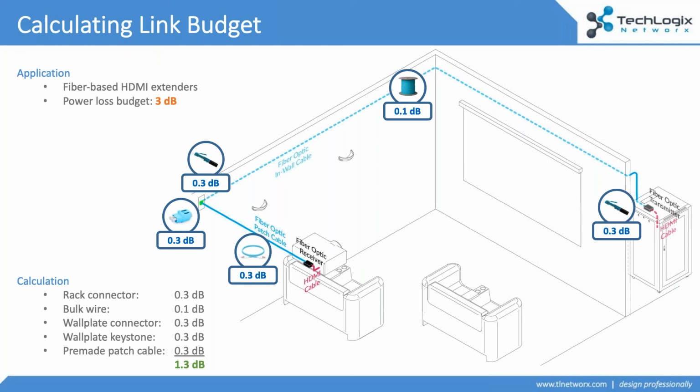If we're calculating we should be at 1.3, we plug in our meters and it says, hey, you're at 2.4, for example. Well, we've got something going on. Maybe we don't have a great termination, but 2.4 is still within our link budget, our power budget. But if we throw our meters on and we're at 5, 6, 7 dB of loss, now we got to start to troubleshoot, find out why.